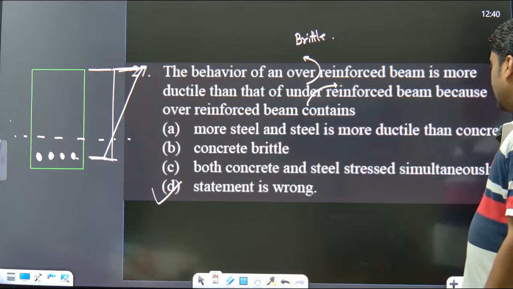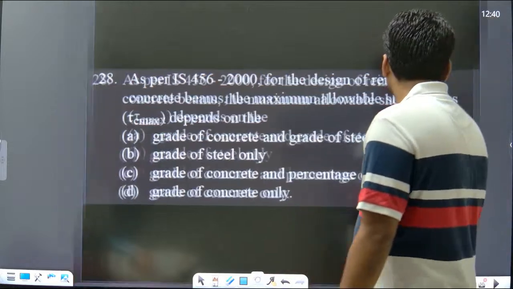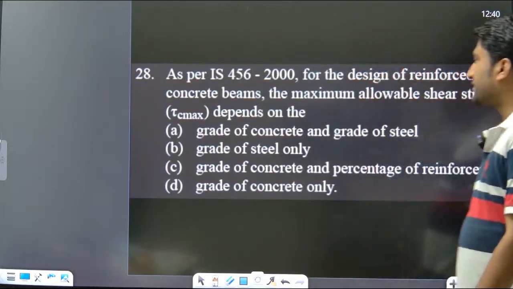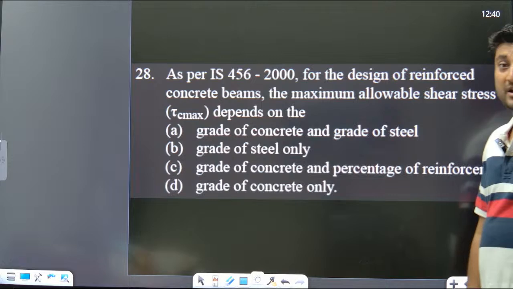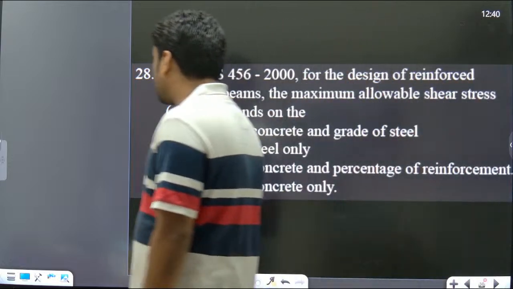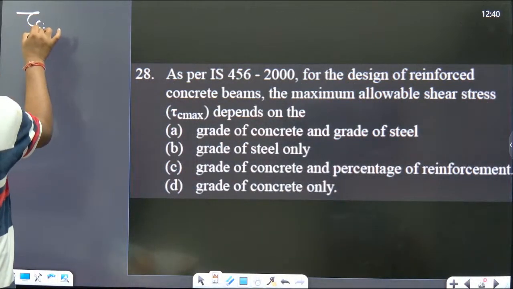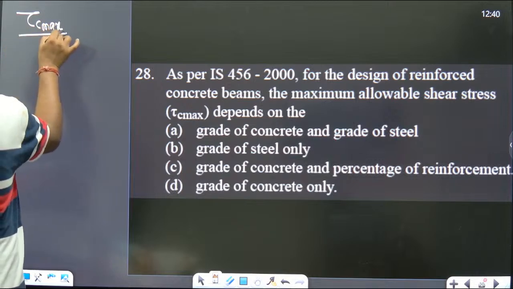Next question. This we have seen already. As per IS 456-2000, for the design of a reinforced concrete beam, the maximum allowable shear stress, tau C maximum, depends on what?